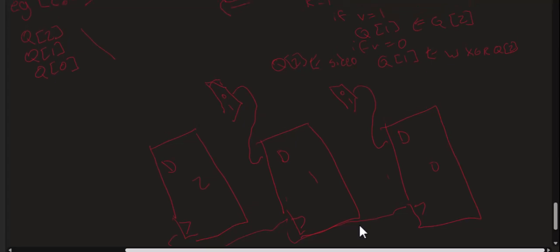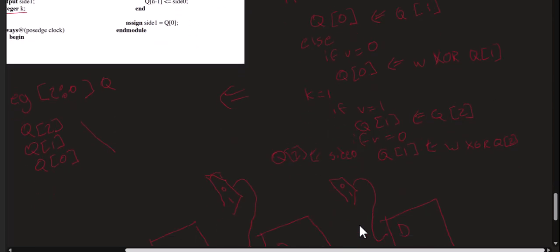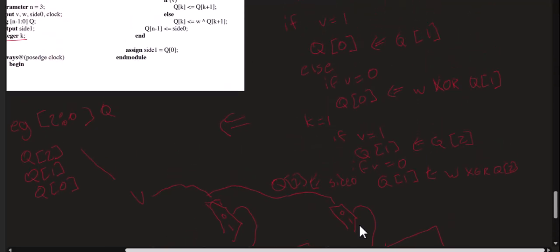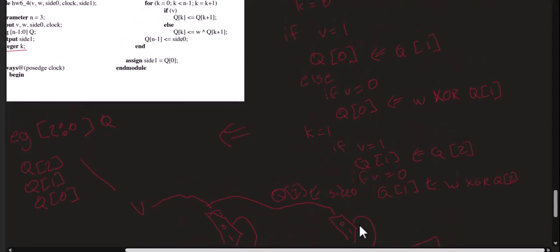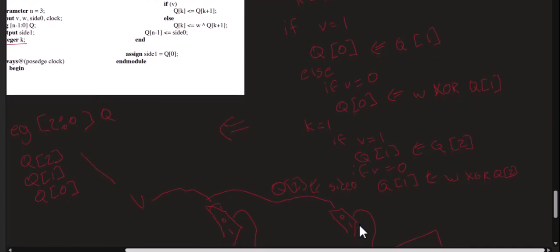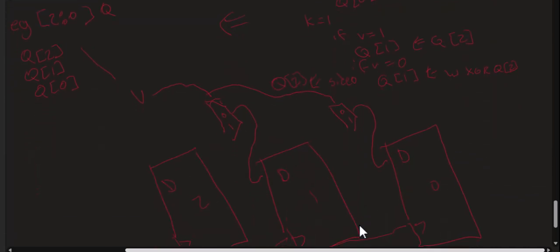And now let's look at D0. We said if V equals 0, so V is our input into the multiplexer. If V equals 0, Q0 becomes equal to W exclusive or Q1. Okay, so this was if V equals 0.